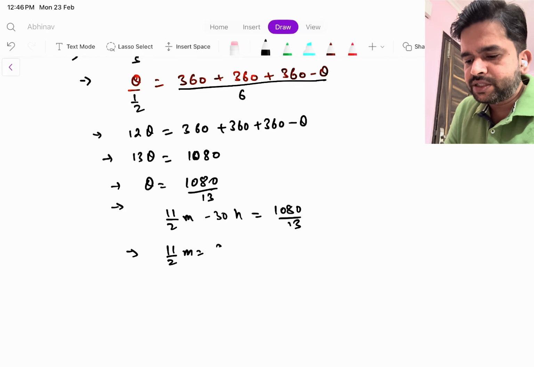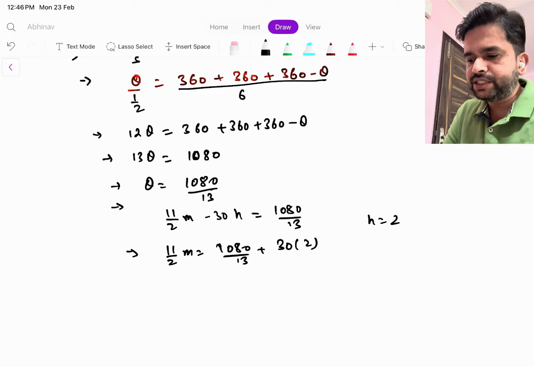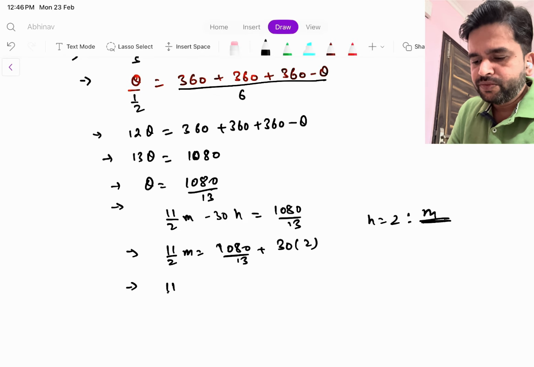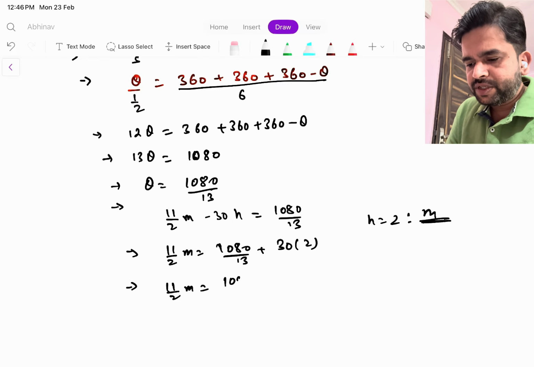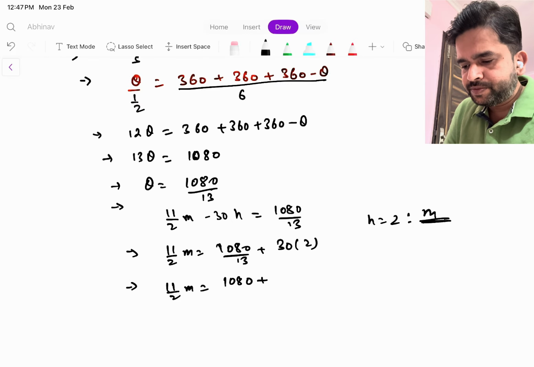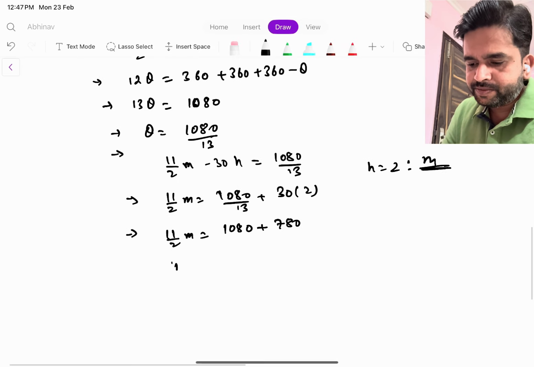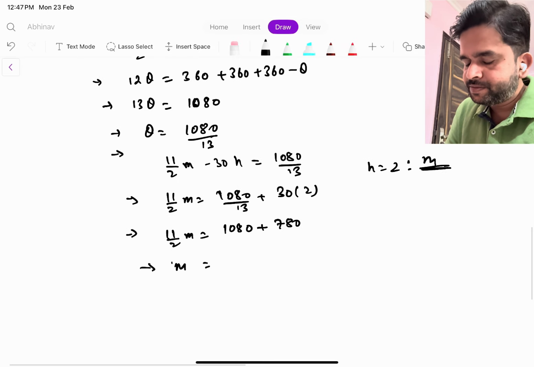So 11 by 2 m is equal to 1080 upon 13 plus 30 into 2, because h is 2. We have to find the minute at what time he went out. So 11 by 2 m is equal to 1080 plus 780 over 13.